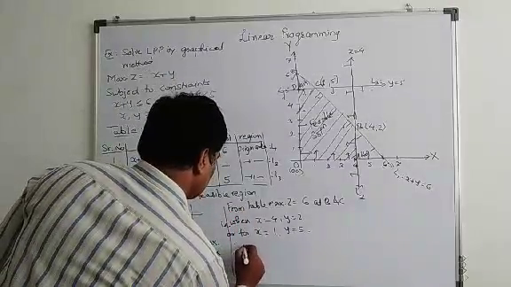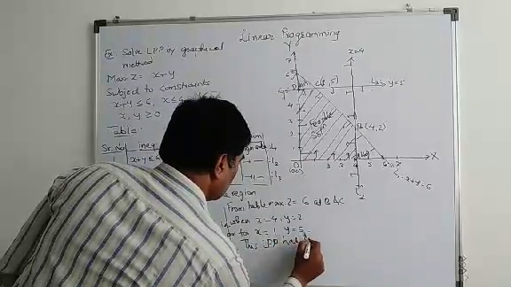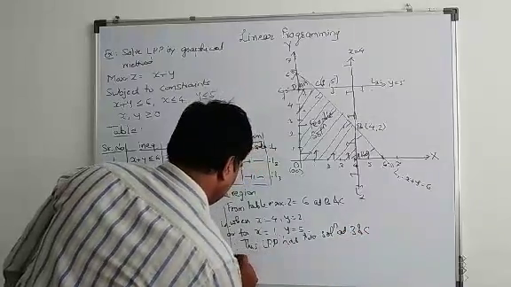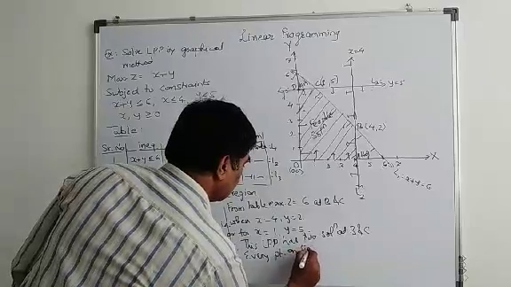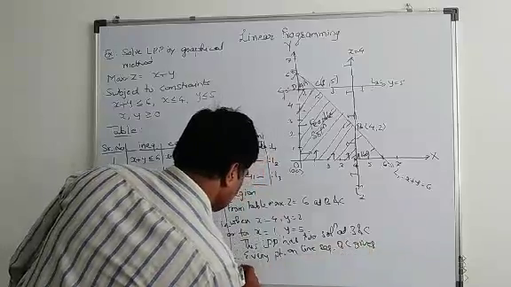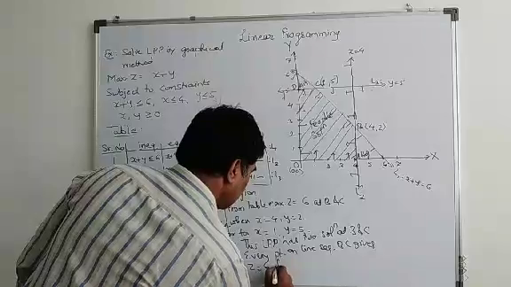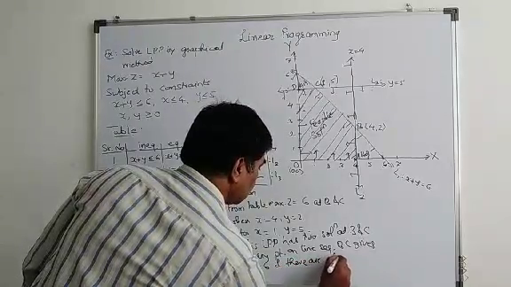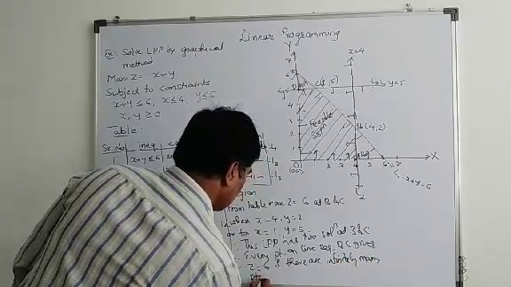Now, since this LPP has two solutions at B and C, every point on line segment BC gives Z equal to 6, and there are infinitely many points on BC.